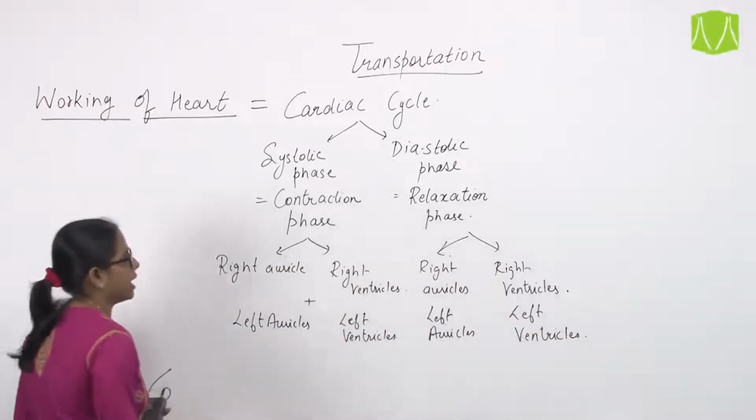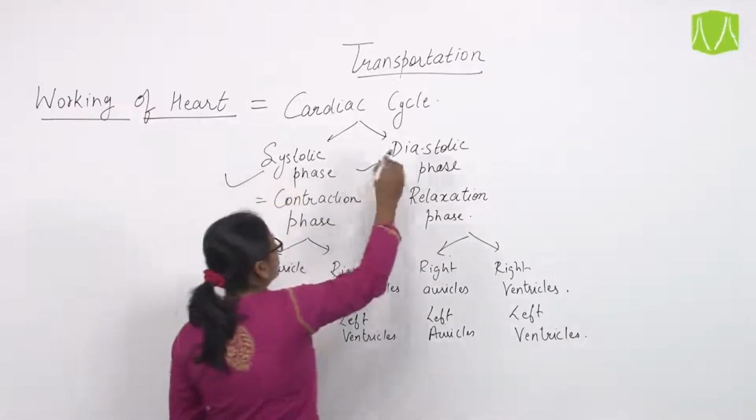So all auricles and ventricles undergo the systolic phase and the diastolic phase.